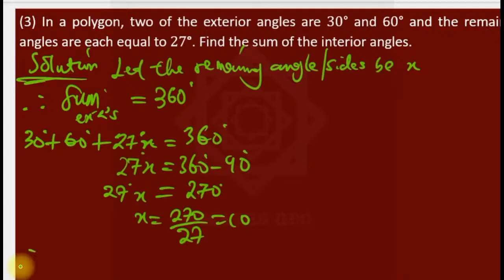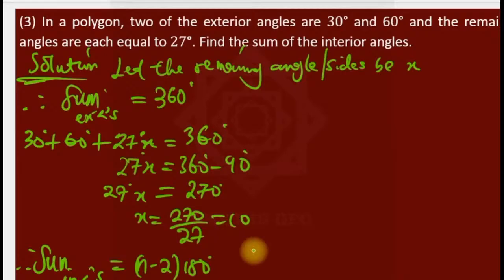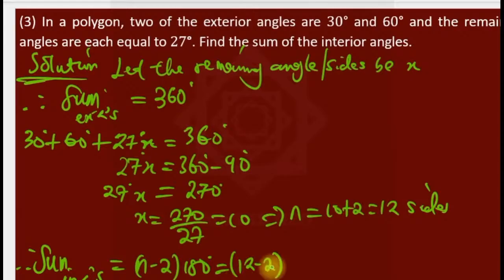Therefore, the sum of the interior angles is always n minus 2 times 180. Since we have the remaining sides to be 10 plus the 2 given, n here is 10 plus 2. We have 12 sides. So we have 12 minus 2 times 180, which is 10 times 180. So we have 1,800. So that's the sum of the interior angles.